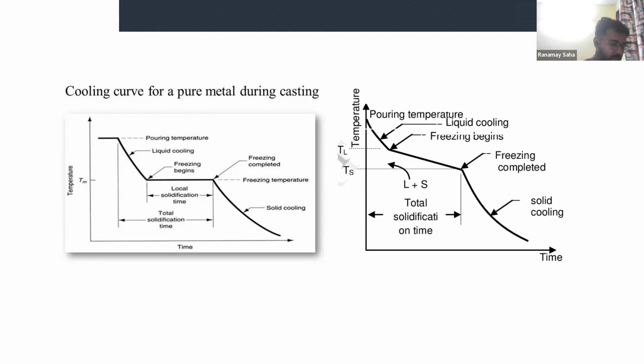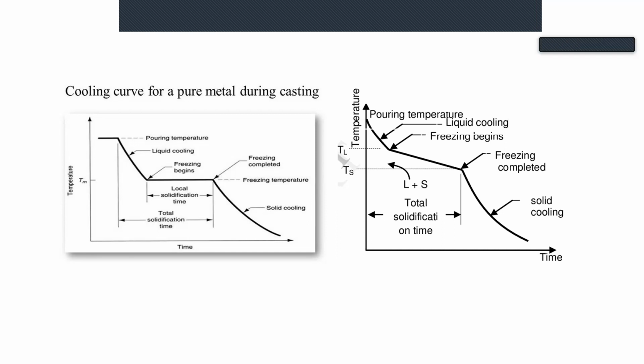So why does this happen? In the case of alloys, as I already told you, there is a range of temperature over which solidification occurs.